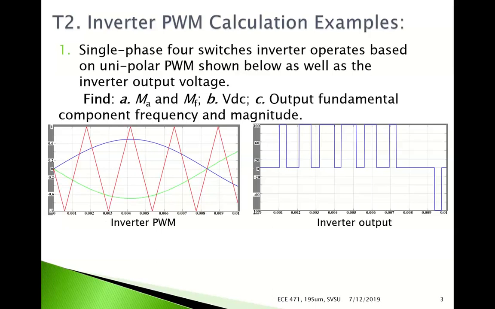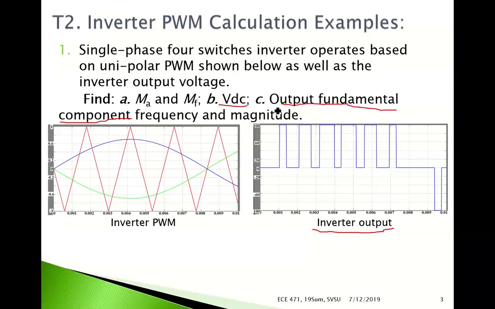And then let's talk about question B, VDC and output fundamental components. So here we want to emphasize the concept again. The output graph is here, where we're seeing a square wave like output, because the inverter output cannot be sinusoidal directly.